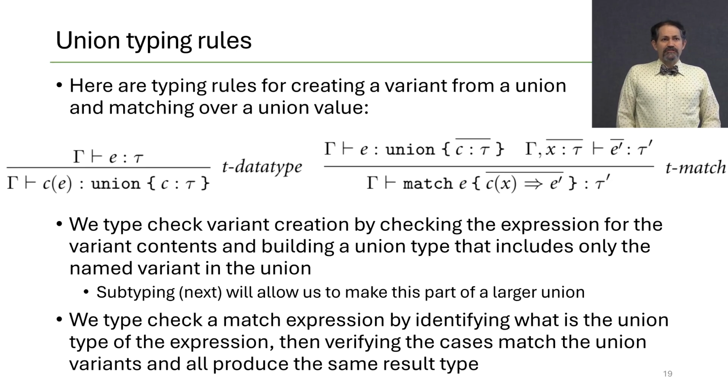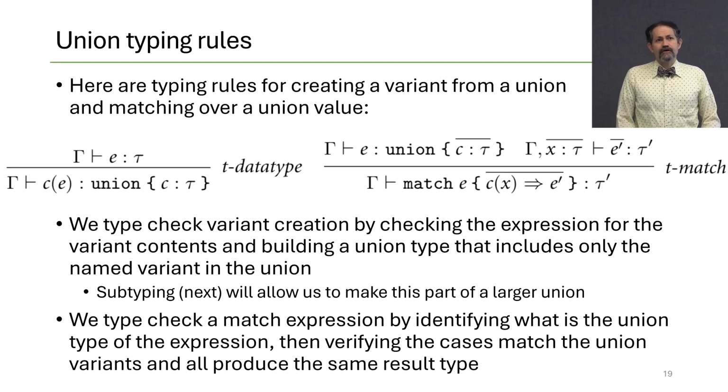We type check the match expression by first identifying what is the union type of the scrutinee expression. So our first premise checks the scrutinee, E, and finds out that it is a union type of a number of different constructors. Again, we use the overline notation for multiple constructors. And then for each of those constructors, we assume that X has type tau, add that to the environment gamma, and we check that the corresponding expression E prime has some type tau prime.